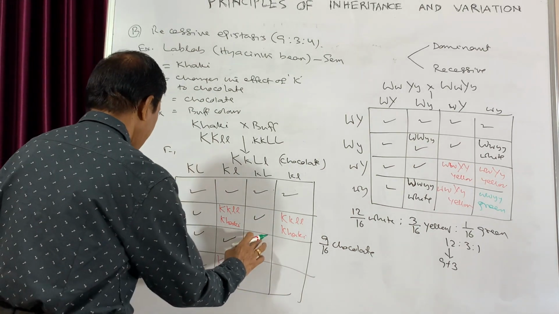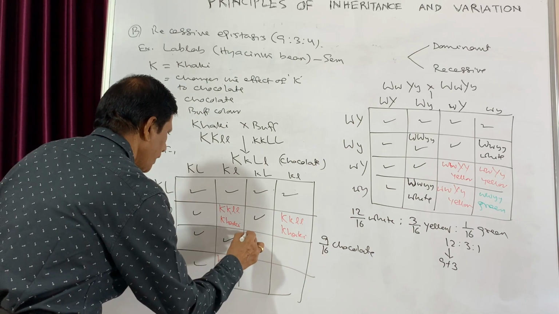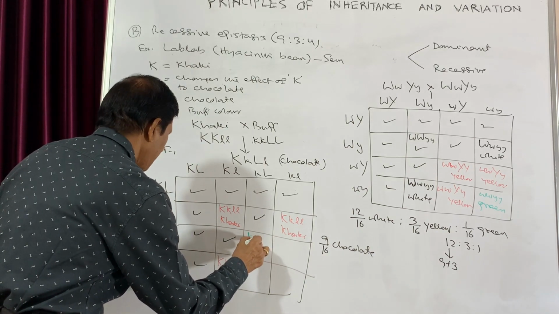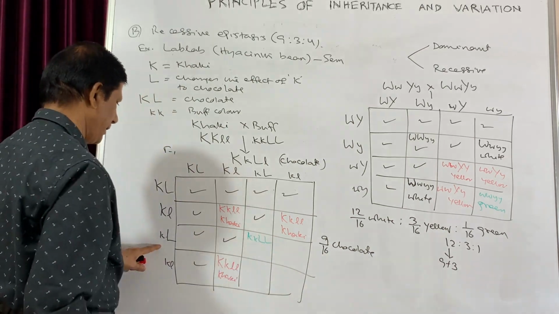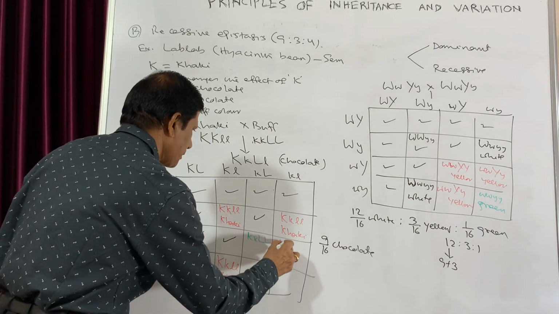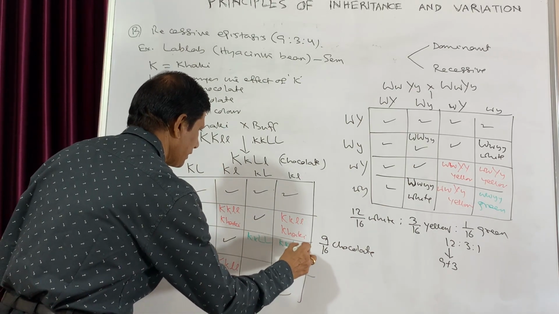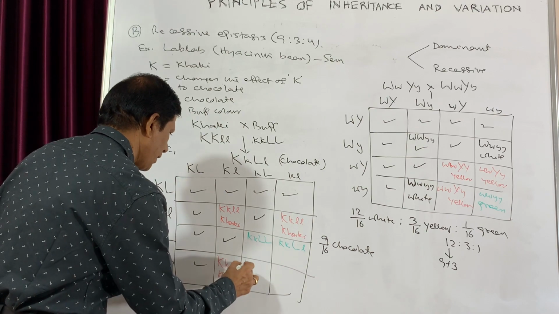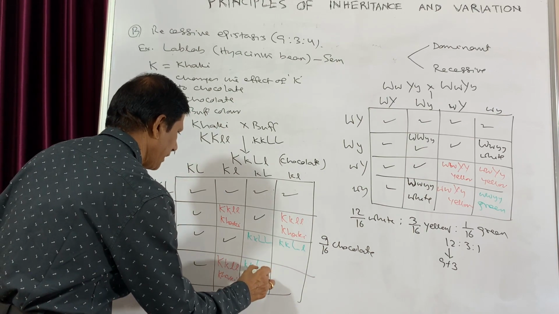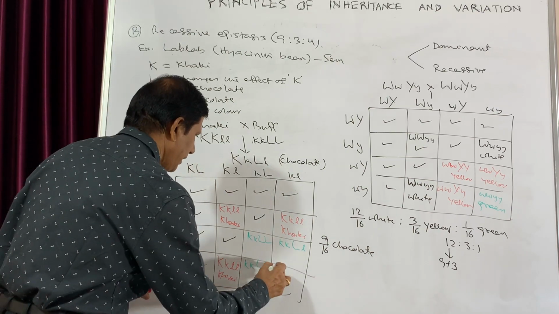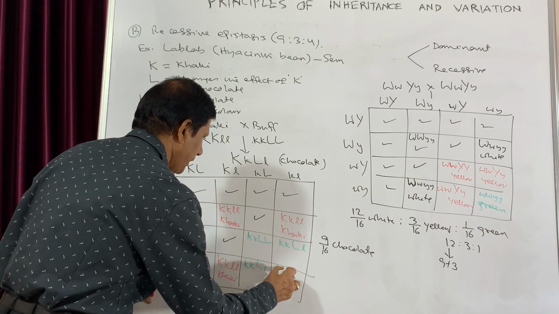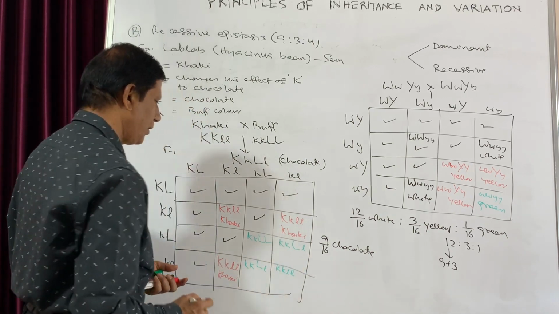Now you see at the remaining places. In the remaining places, at this position, small k, capital L. Here small k, capital L, small l. And here small k, capital L, small l. And here all will be in the lower form.